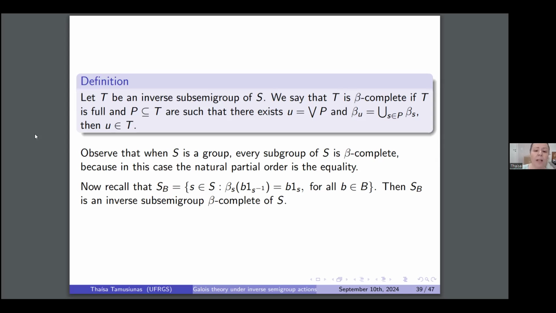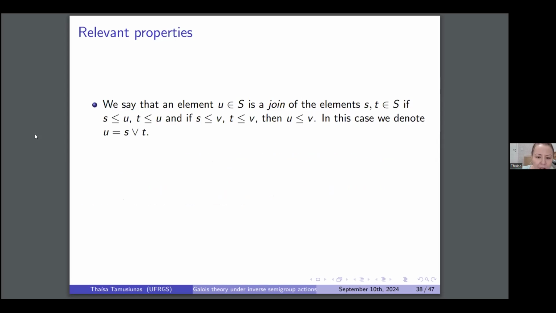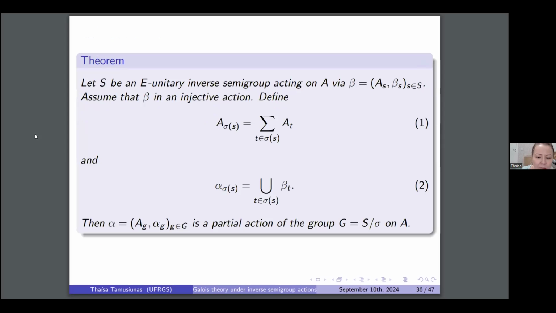And then I went for the E-unitary case because we need that this action should be a partial action.